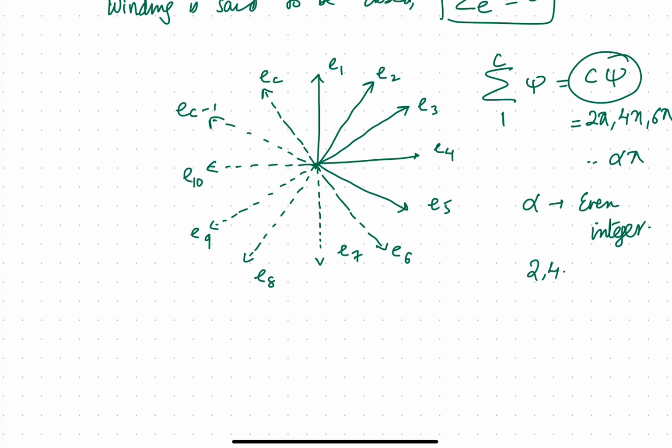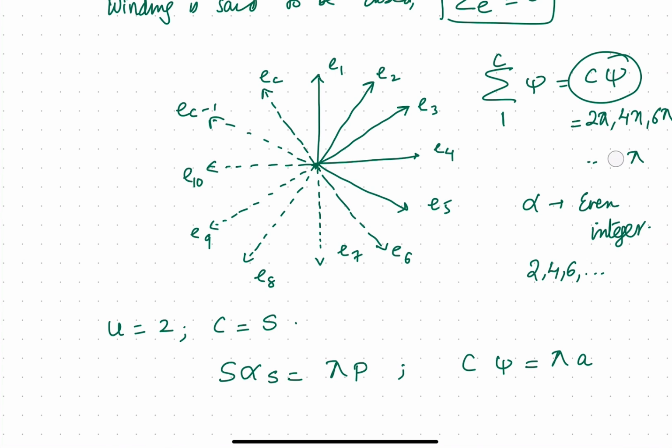So 2, 4, 6, etc. So for a closed winding, what we would basically want is U equal to 2 and C equal to S. So if you see the relation, S times the angle between the slots is equal to S times P, and C psi is equal to alpha pi.